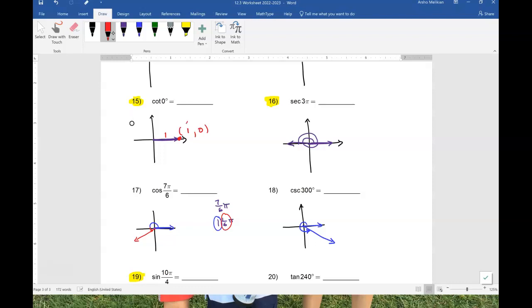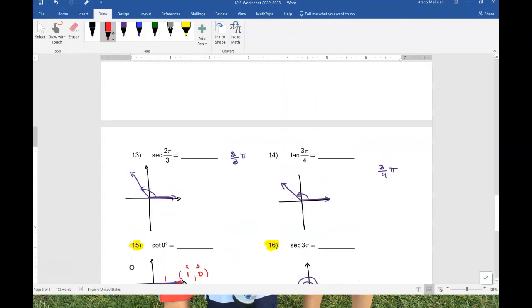And one thing we also need to know is sine of theta is y over r. Cosine of theta is what? x over r. And tangent of theta is y over x. Above all else, this you need to memorize. I know I'm always telling you not to memorize, but this you have to memorize. Know that sine is associated with the y, cosine with the x, and so on.